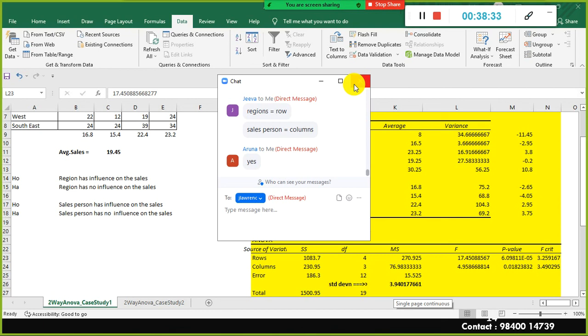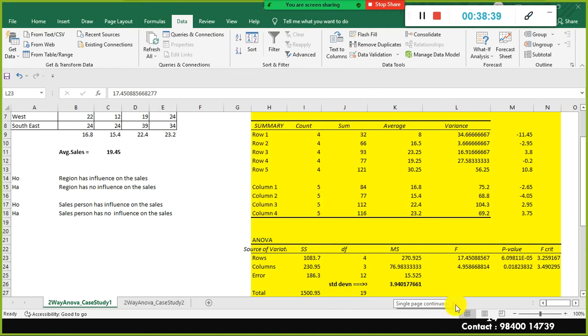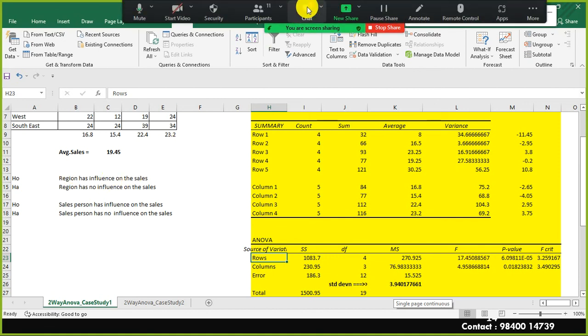Yes, Jiva, correct. Regions is equal to rows, salesperson equal to columns. Very good. Now you tell me whether I can accept the null hypothesis or reject the null hypothesis.